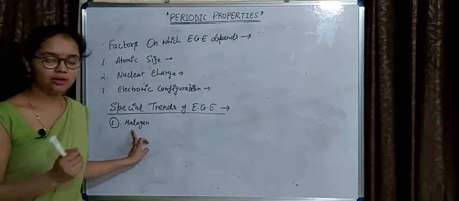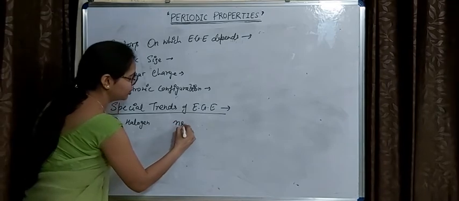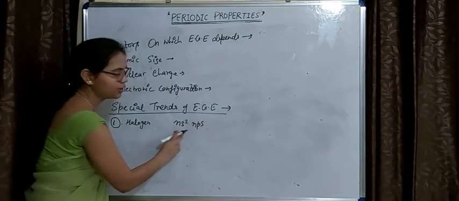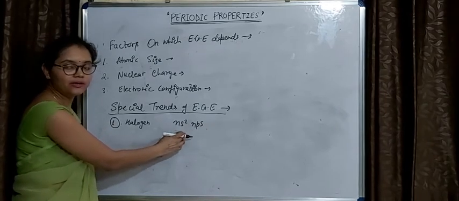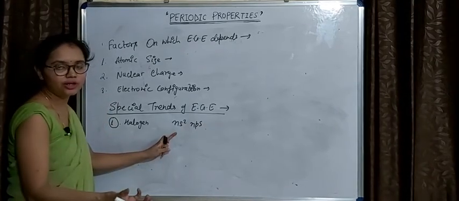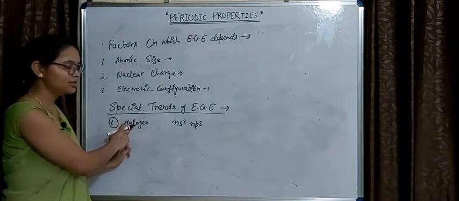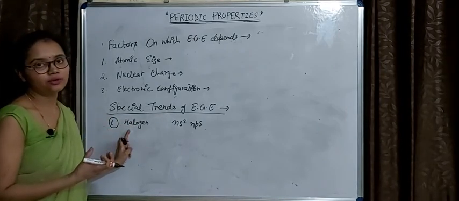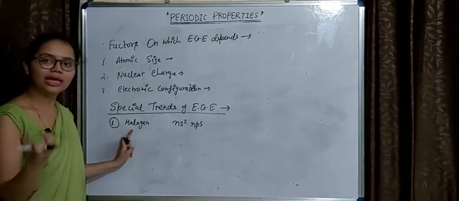What is the reason? We have already discussed the reason: they show ns2 np5 type of electronic configuration. After the addition of one electron, they get the stable configuration. So when you add an electron to halogens, they readily accept it and show negative electron gain enthalpies.